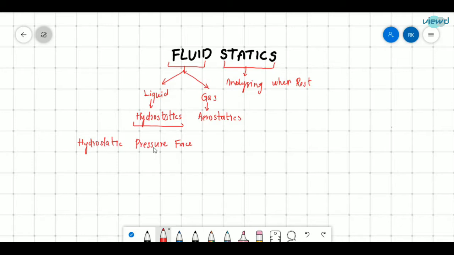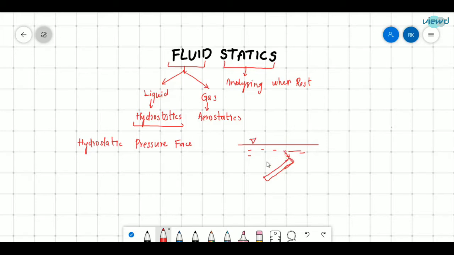So due to this hydrostatic pressure, a force will be acting on the substances that we place in the liquid. So if this is the free surface and I place any plate like this, due to this hydrostatic pressure force, there will be a pressure distribution on it in this way.